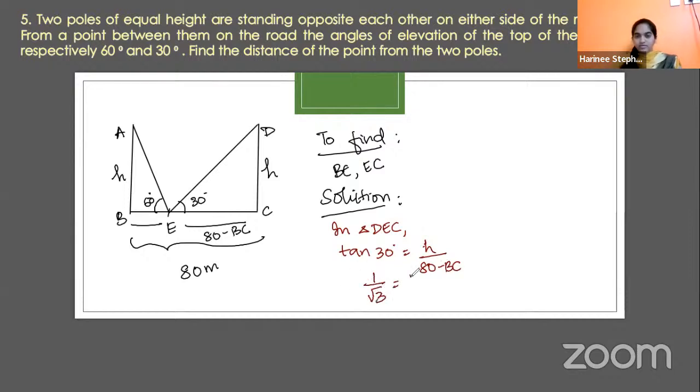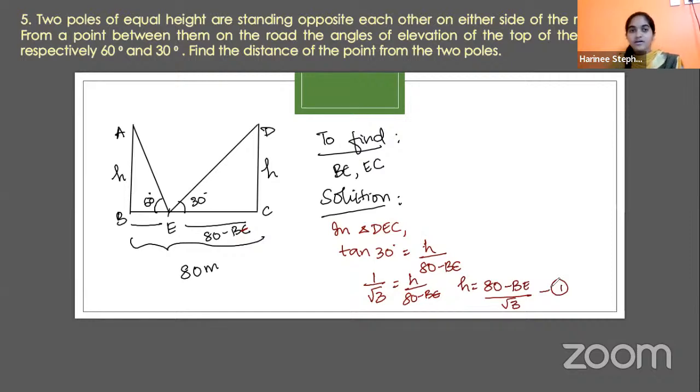Tan 30 is 1 by root 3, h upon 80 minus BE. So h is equal to 80 minus BE divided by root 3.